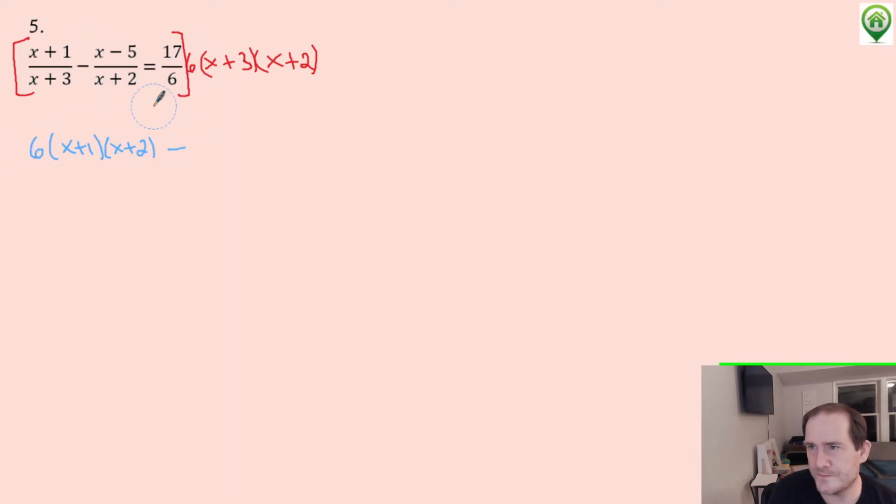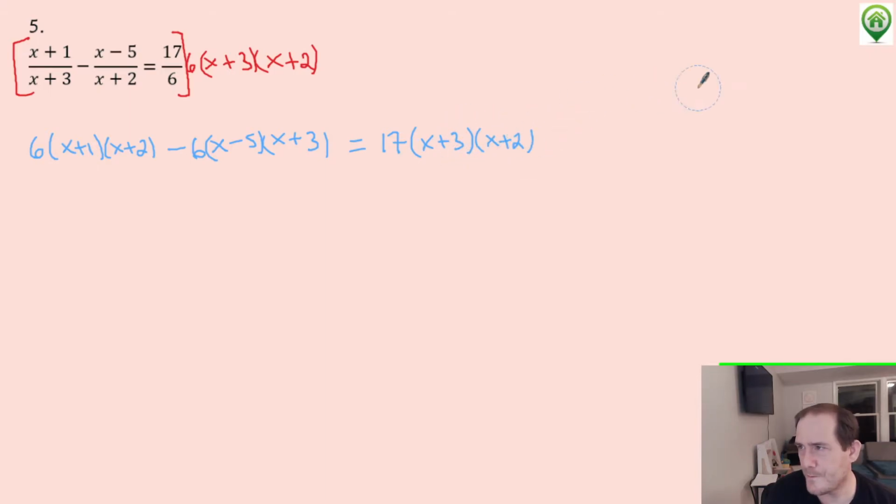Then the next one, the x plus 2's cancel. So we end up with a factor of x minus 5 and a factor of x plus 3 and a factor of 6. And then over here, it's only the 6's that cancel. So we get 17 times x plus 3 and x plus 2. Okay.